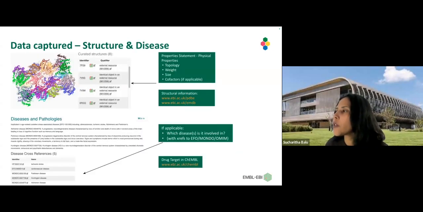So I think I've already mentioned the properties statement and the type of physical characteristics of the complex that we capture. We also, if it's available, capture structural information. So here you can see all these PDB identifiers. And if you scroll down, you could also see some EMDB identifiers if it's applicable.